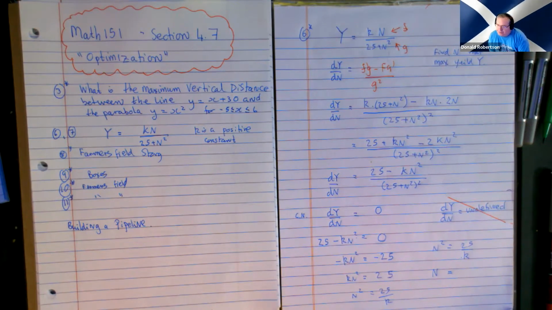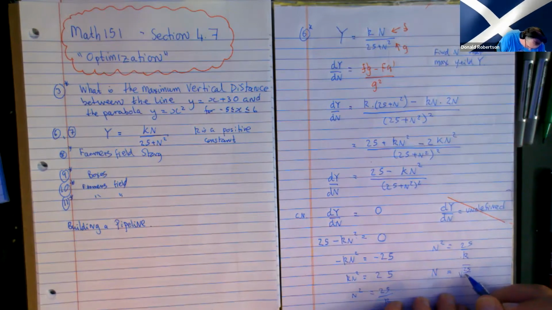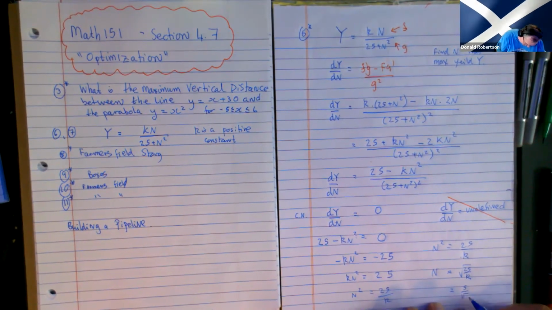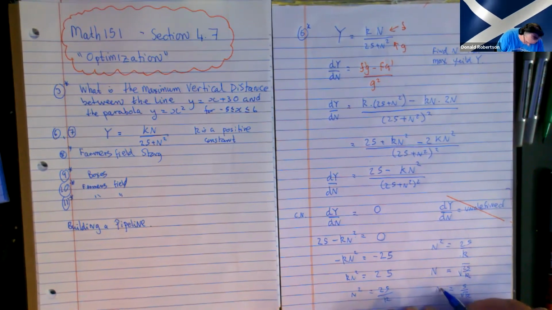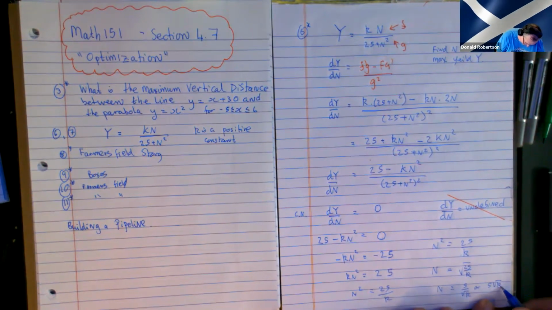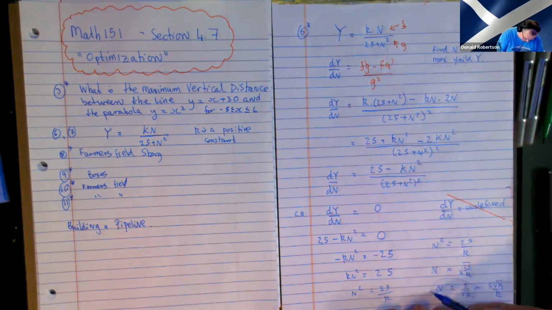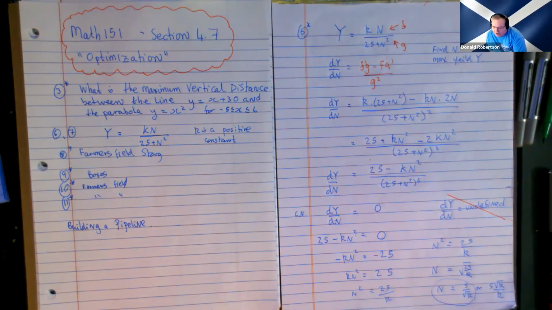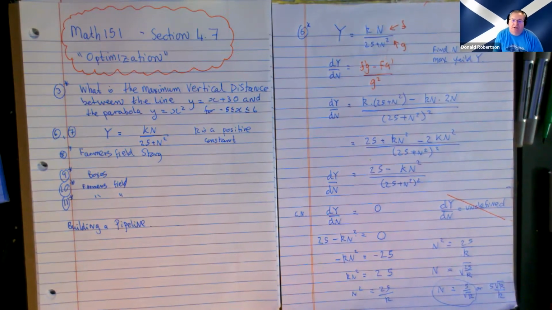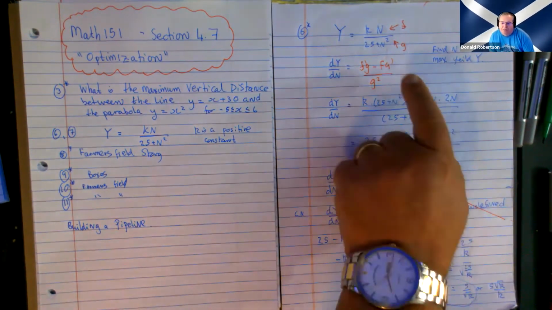So I'm only going to take the positive square root. Then to make it slightly prettier, I could rewrite it, and that's fine. So 5 divided by the square root of k, whatever k happens to be, is the optimum value of nitrogen that will maximize the yield.